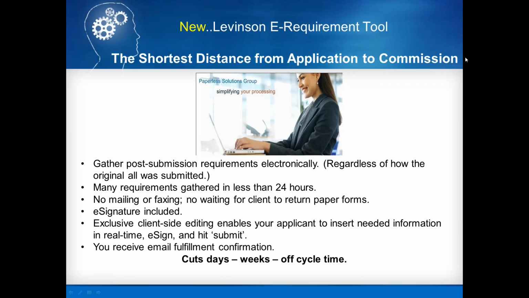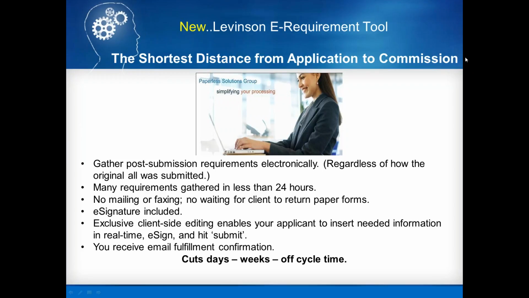Well, in the past, that message gets sent to us. We relay this to the agent. You go on our website, print the form, maybe mail, fax, or email it to your client, wait for it to come back, send it to us. We forward it to the company. The underwriter takes a look to make sure that everything's okay. God forbid you missed a question or a signature, the whole process starts all over again.